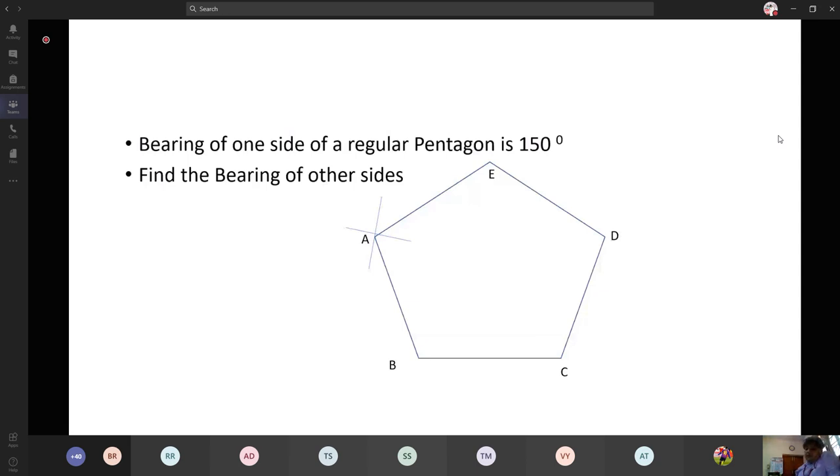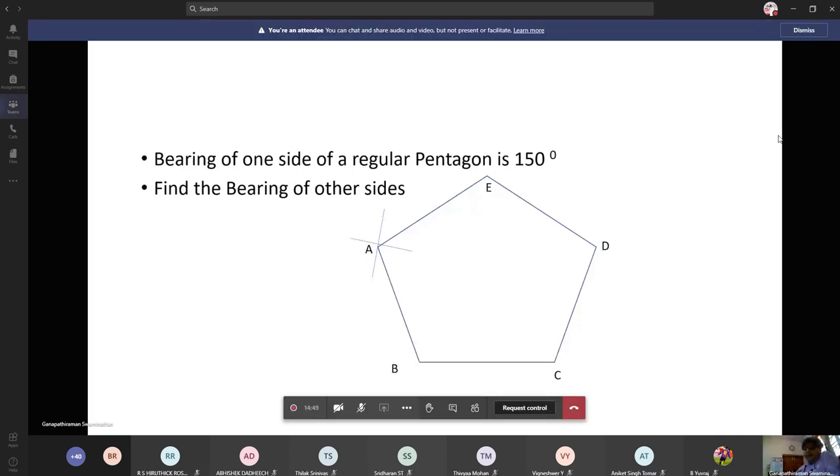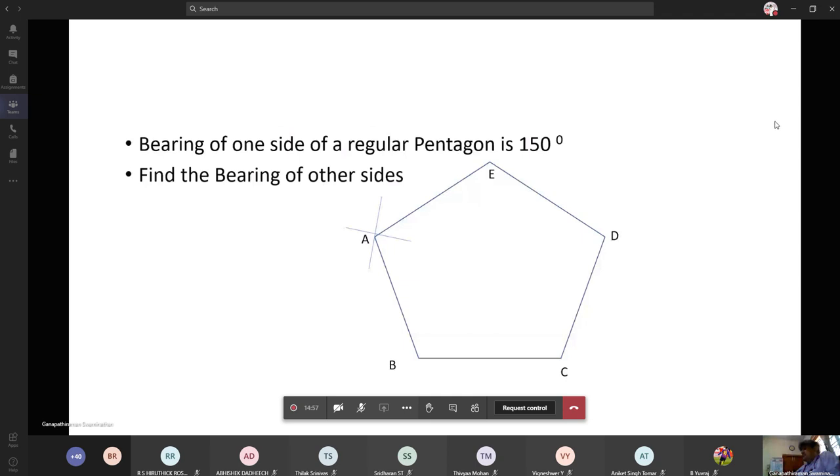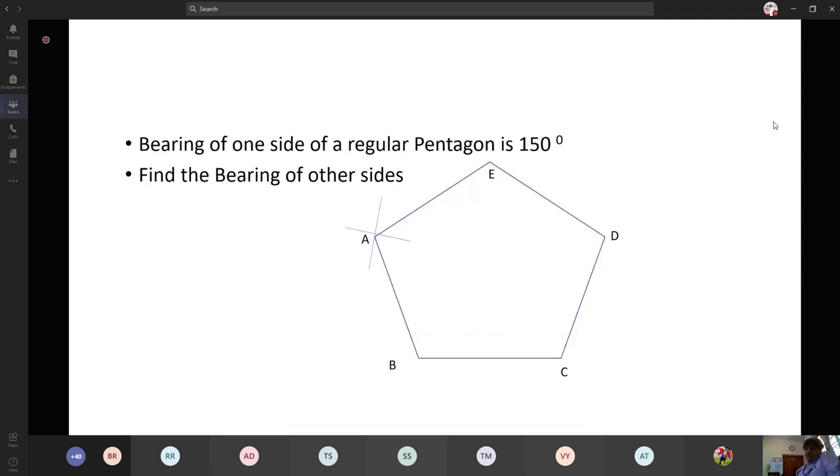What is the bearing of BA? The forebearing of AB is 150. What is the back bearing of AB?